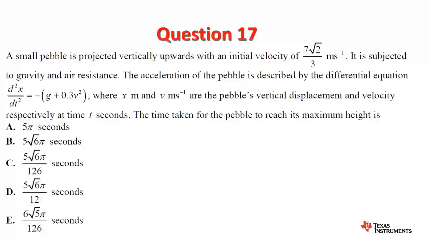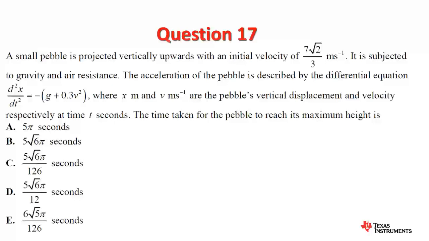Question number 17. This one is similar to 2015's exam 2, question 22, the very final question of the multiple choice section, and only 42% of students got this correct. We have a small pebble which is projected vertically upwards with an initial velocity.